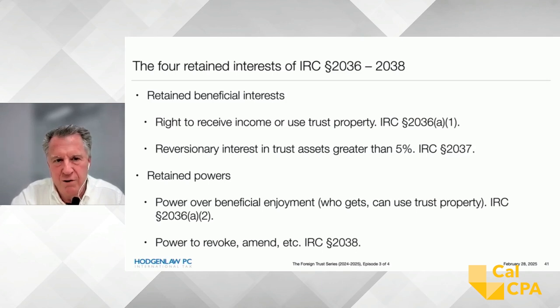You retain powers, the power to define who gets to receive the assets. So if you still hold back the power, well, I get to choose between my kids who gets what, then that's a retained interest. And finally, the most common one, the power to revoke or amend the trust. So a revocable trust is a retained interest, and you are taxed on those.